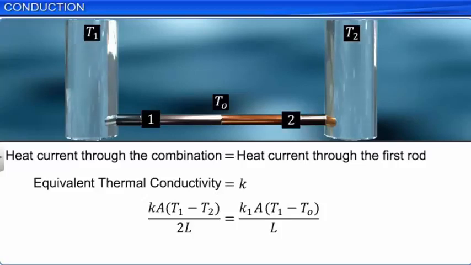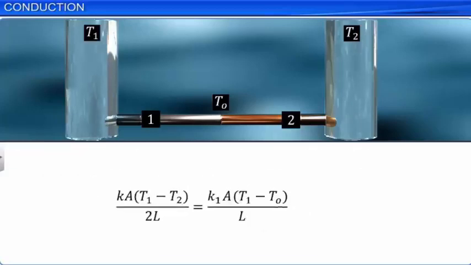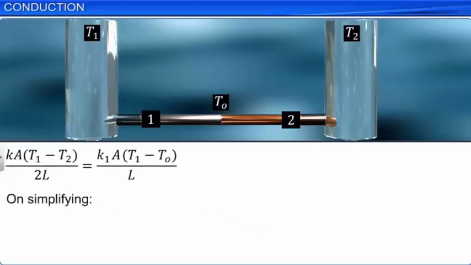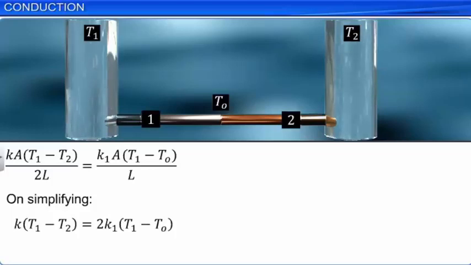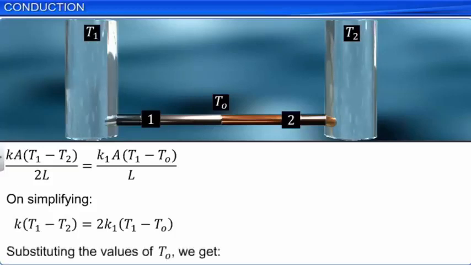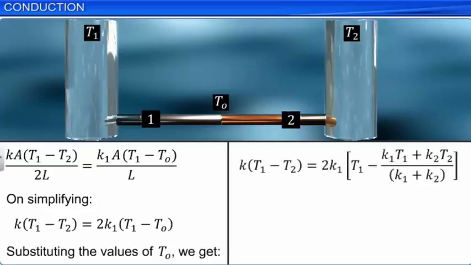On simplifying, we get K(T1 - T2) = 2K1(T1 - T0). Substituting the value of T0, we get K(T1 - T2) = 2K1(T1 - (K1T1 + K2T2)/(K1 + K2)).